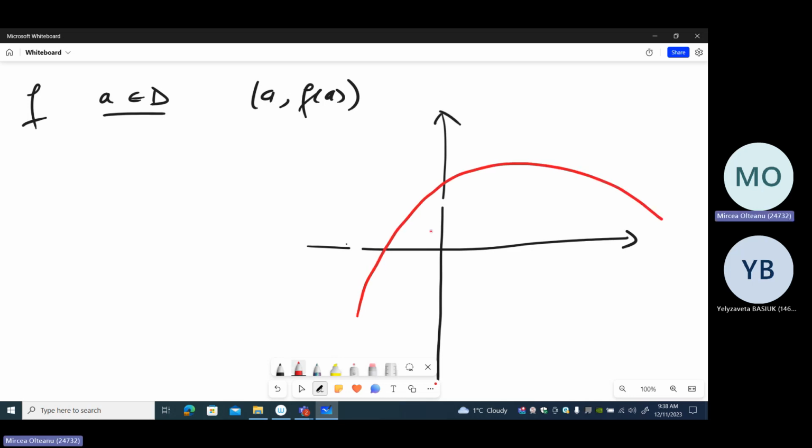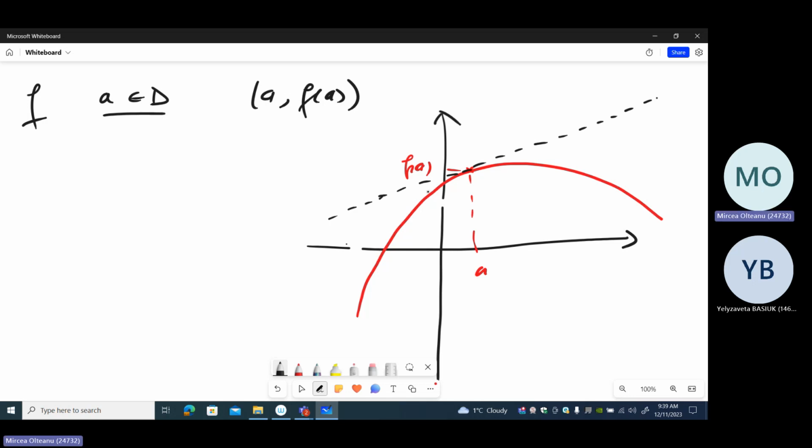So let's take a point here of coordinates a and f of a, and we would like to know the equation of the so-called tangent line at the graph of the function. On this picture, it looks something like this.